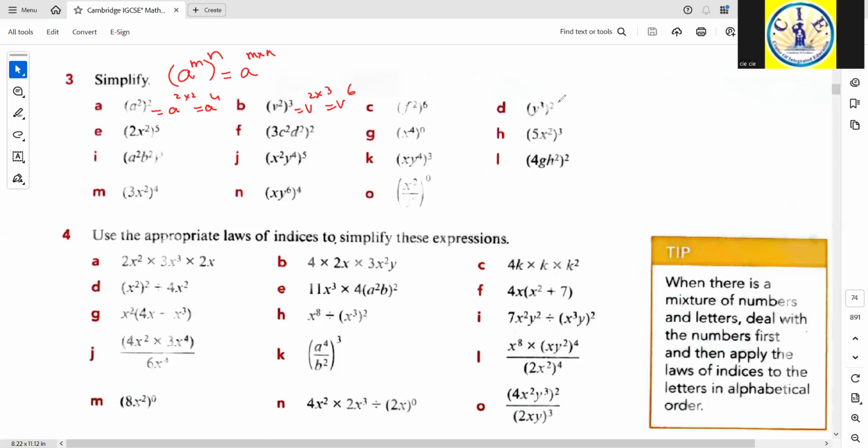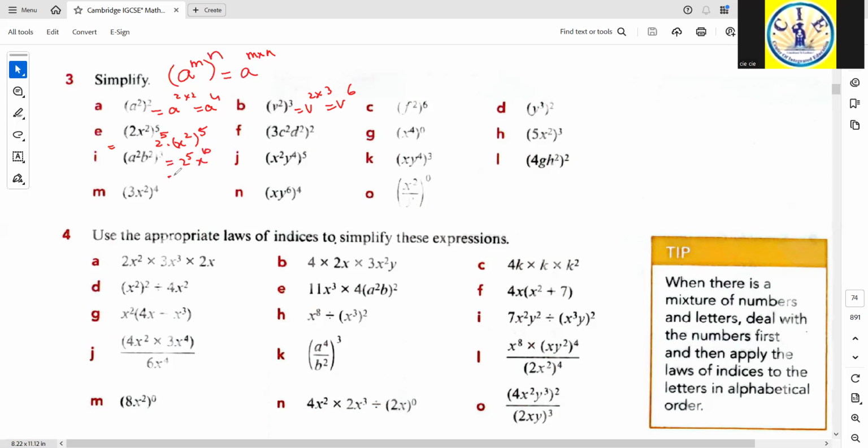In the same way, we can have for part E, for example, 2 raised to the power 5, I separate it like this, and then x square whole raised to the power 5. That will give me 2 raised to power 5, then x raised to power 2 times 5, that is 10.